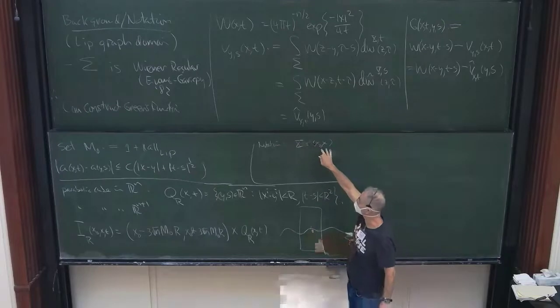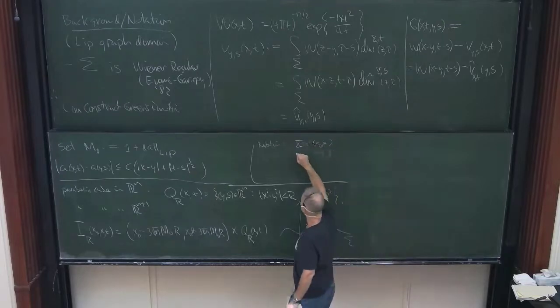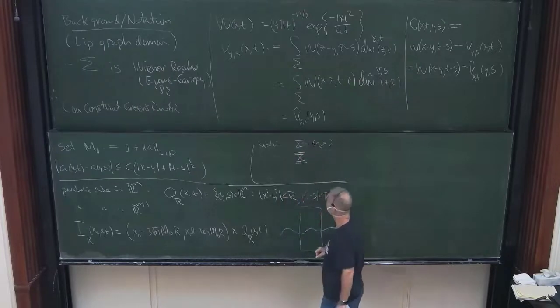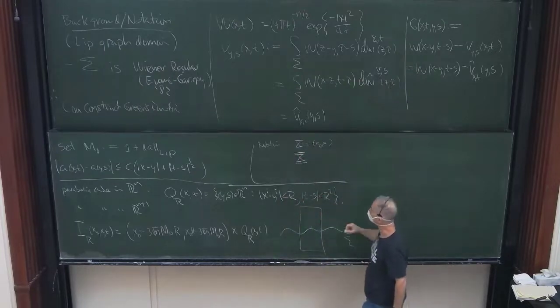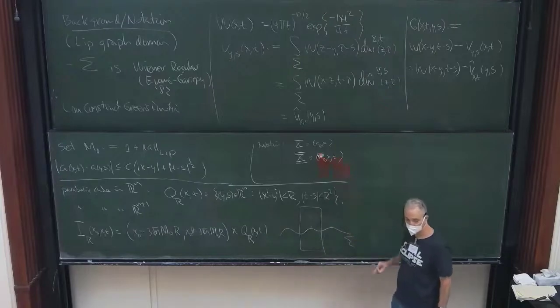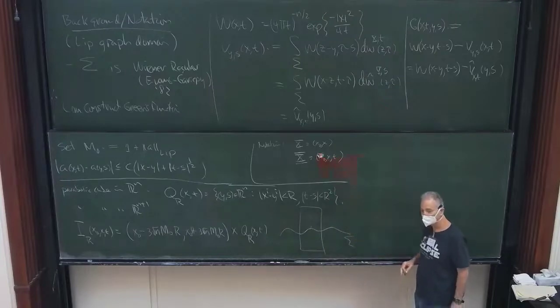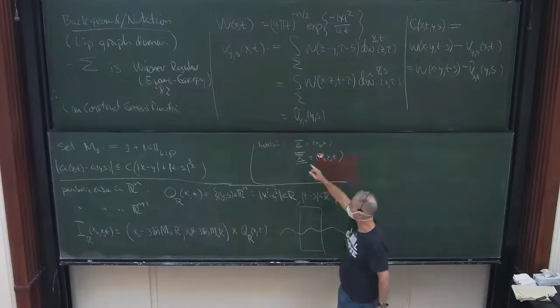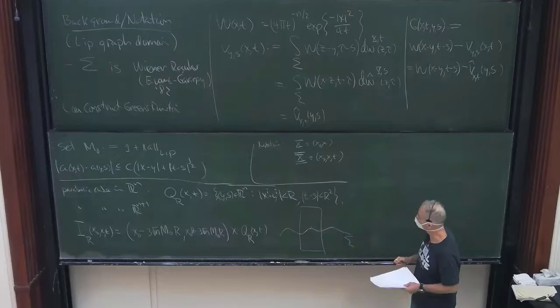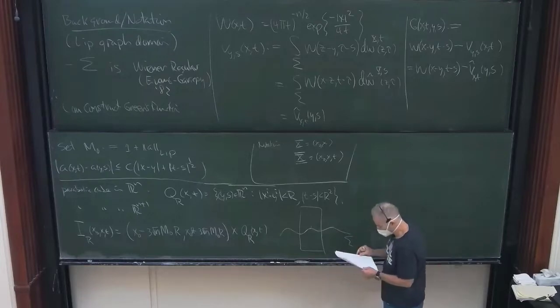Capital X will be the spatial variable in n dimensions. And then sometimes I'll write this with a double bar on top and bottom. This will be the full space-time point. The same thing with y and z.